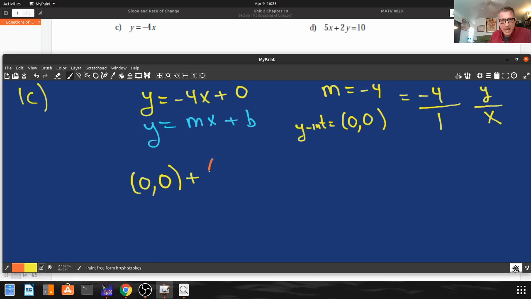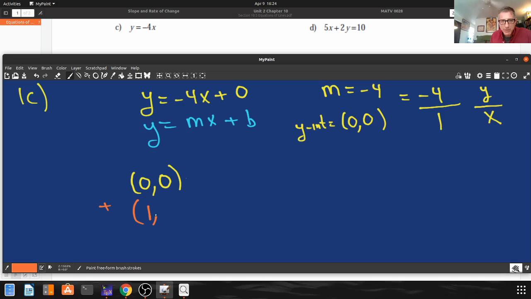So what is my adder point? Let me do it this way. I'm so used to doing, and I don't know why, it seems to me I should always just go vertical. So my adder point is my x value is 1. Be careful to make sure you get your x value and put it in the right place.